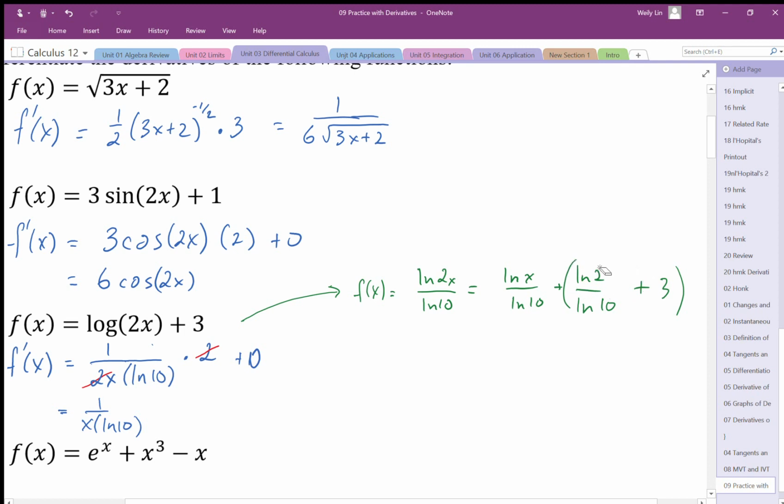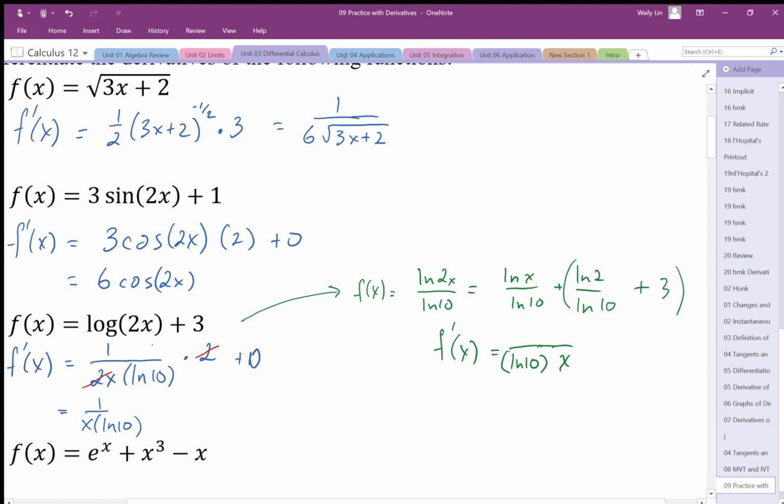So this all just becomes a constant, and when I differentiate this now, I do f prime. This is really just 1 over log 10 and then 1 over x. So I just put the x in the bottom. And we end up with the exact same thing we started with, but the derivative was much easier than doing all this stuff here.